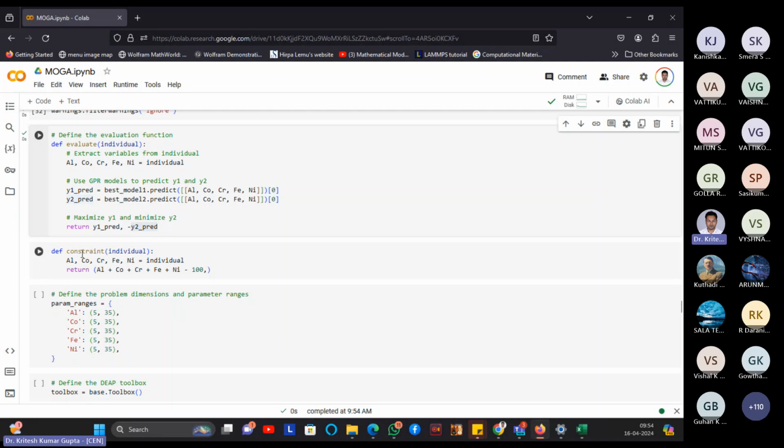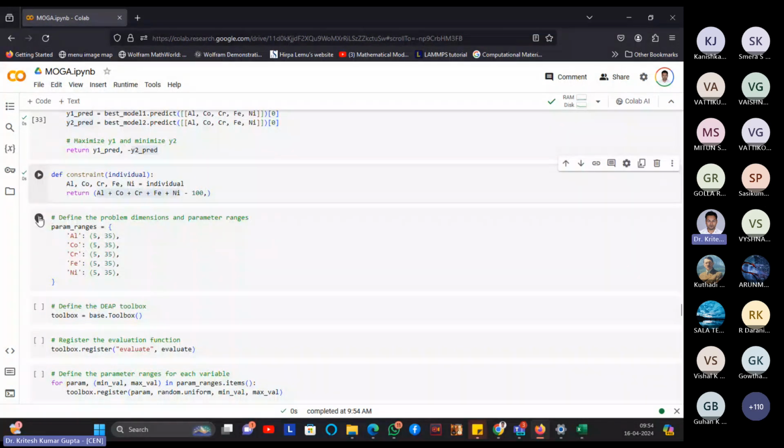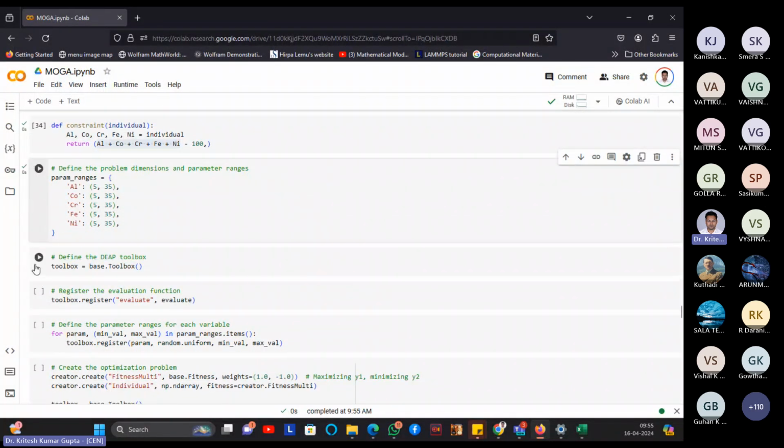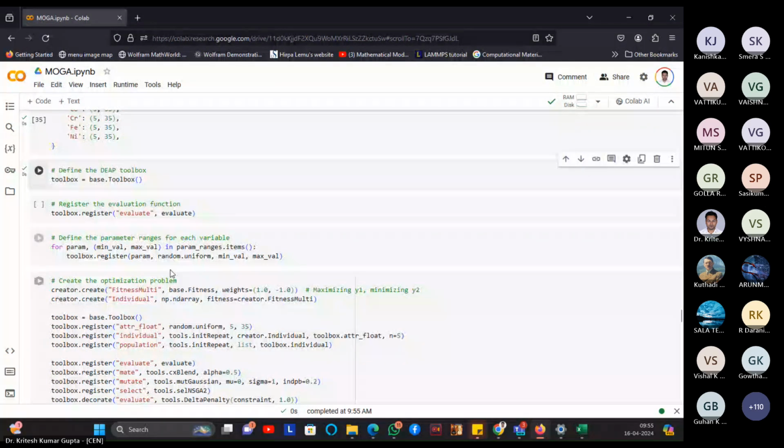Okay. So next we are giving the constraint. The constraint, as you know, the summation of all should be 100. The parametric ranges are for individual features 5 to 35. We are using the DEAP toolbox. In this toolbox, what is the evaluate function?